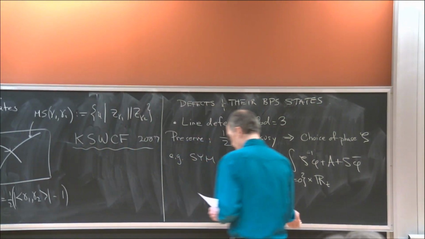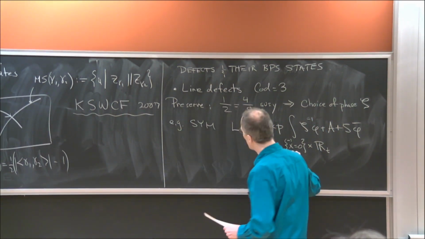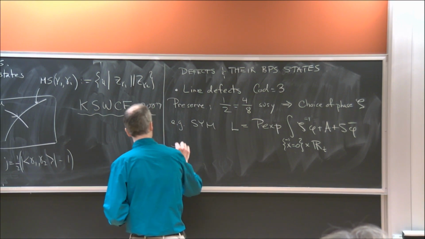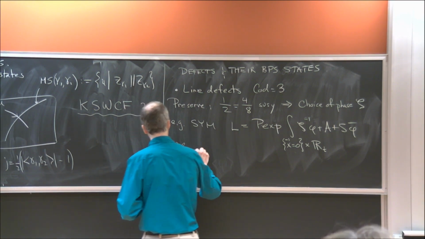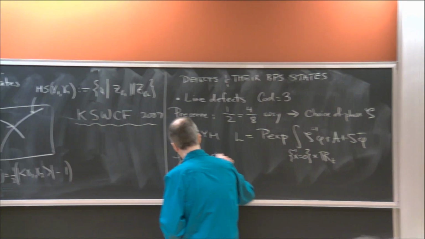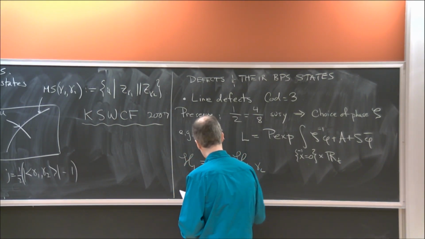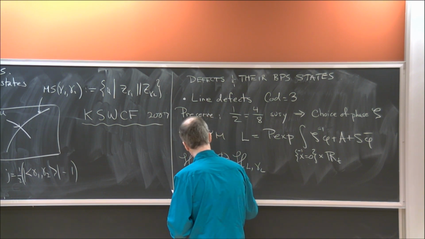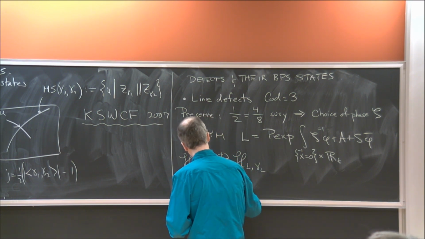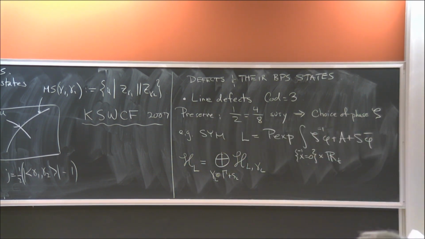That's an example. Now, in the presence of a line defect, well, it's sitting at a point and it's modifying the Hilbert space. So I'll call H sub L the Hilbert space in the presence of the line defect, and it's still graded by a lattice, or more precisely, by a torsor for a lattice. There's a shift.